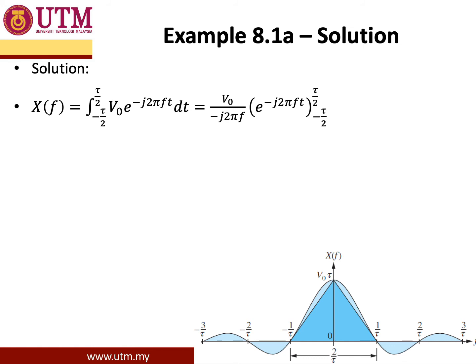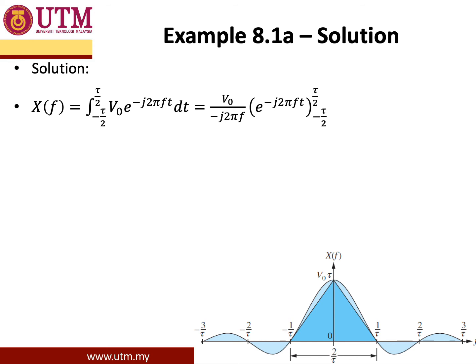First, we put the equation x(t) inside the Fourier transform equation, which gives X(f) equals the integral with limits minus tau over 2 to tau over 2, V naught is the x(t) signal, times the exponential e minus j 2 pi f t dt.